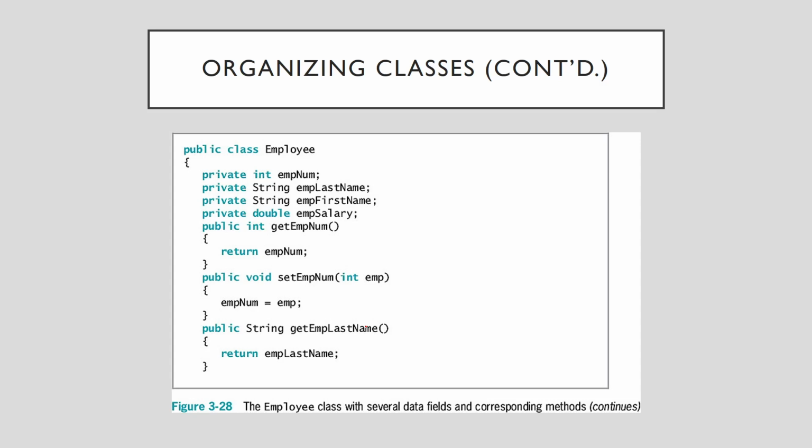Now, additional fields for the employee. We have declared empNum. Another necessary data for each employee is the last name, first name, empSalary. Okay? empNum here is being placed as the first data field, specifying, for example, that this empNum is the unique identifier for each of the employees.